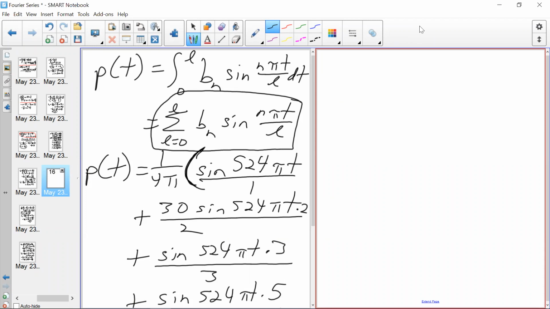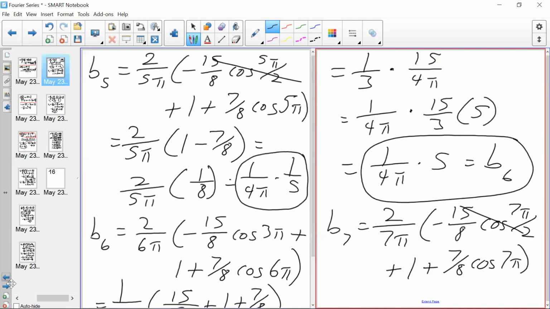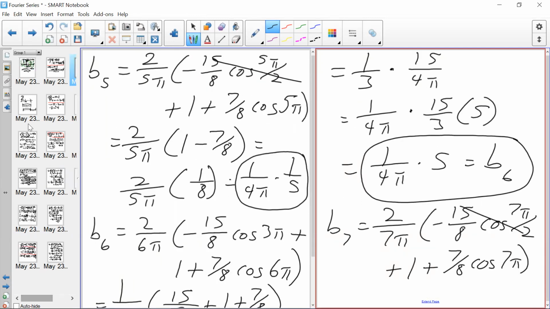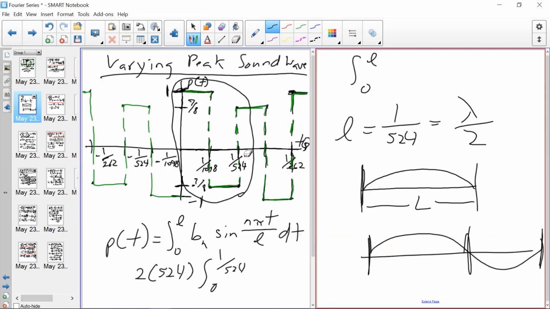In the beginning, we listed that the length is 1/524. And if you go back to the original picture, we stated, if you recall, this is the length, and then the period is 1/262. Okay, so the length is 1/2 of a wavelength that we denoted here.